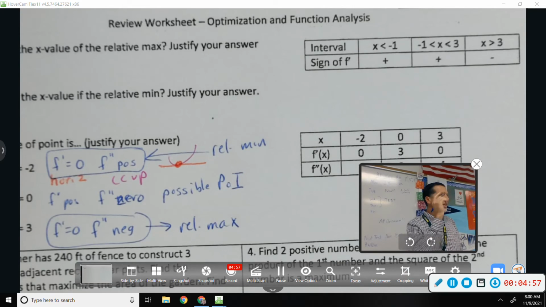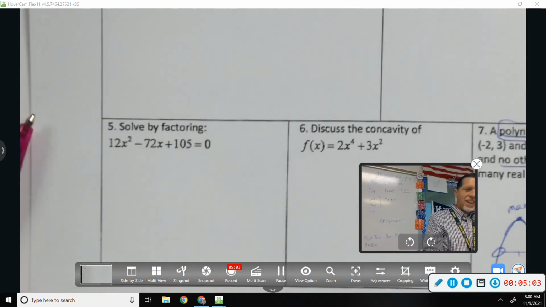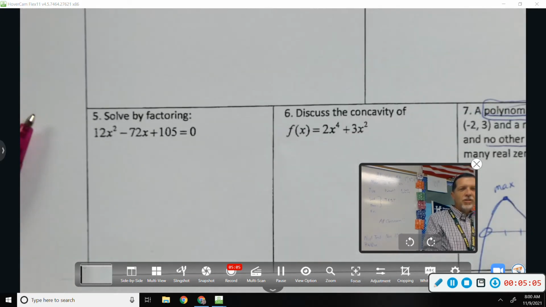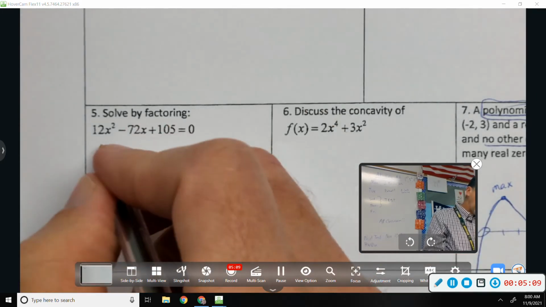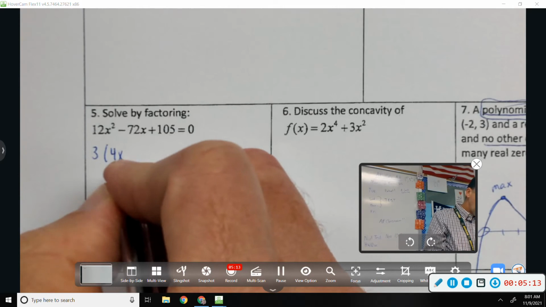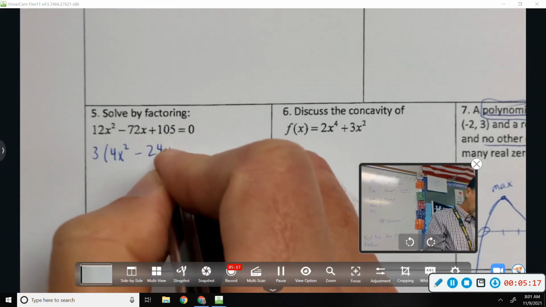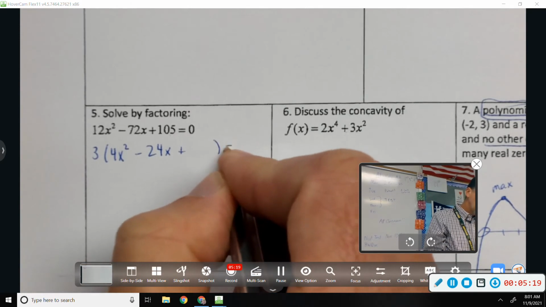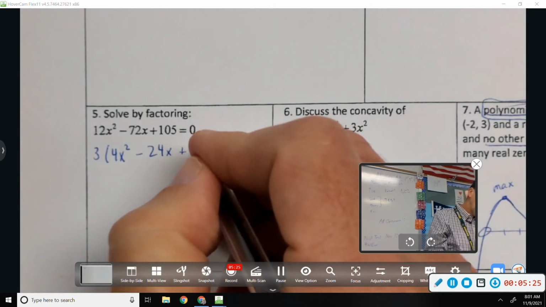Number 5? I don't need to do it in class. I can probably understand. Okay. I mean, the trick is it would sure be nice if we could factor something out first. Yeah. And we can. 3 will divide into all of those. 4x squared minus 24x plus 105 divided by 3 with a calculator maybe is 35.